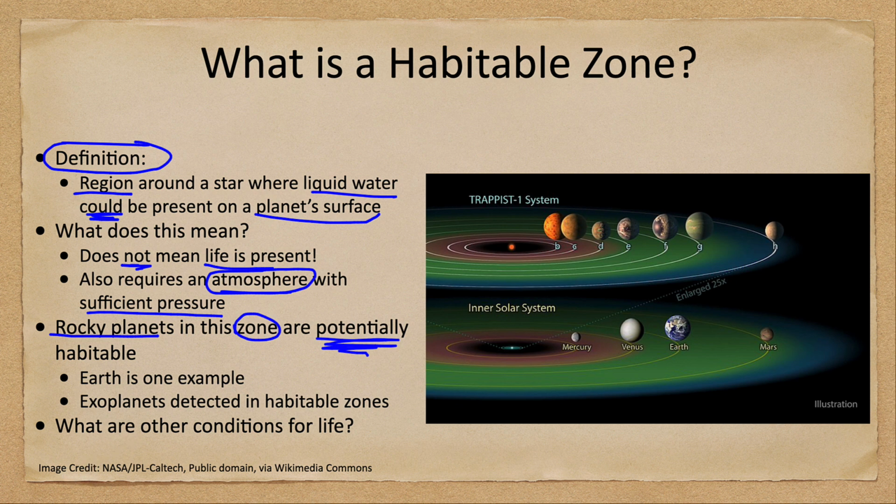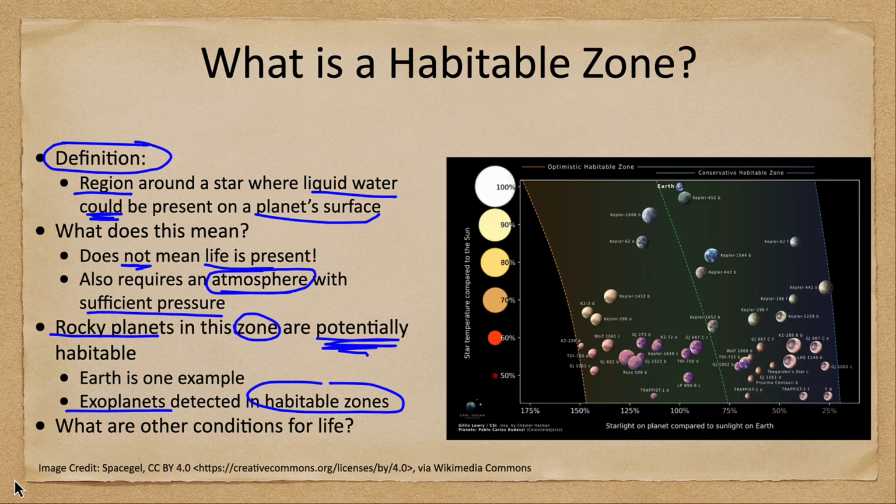Now, when we look at other exoplanets, there have been other planets detected in habitable zones of their stars. We see several around the TRAPPIST-1 system here, but there are also others, and we can see several of those in the chart here, with Earth up at the very top of our image. And then as we work down, we can see plenty of other different stars.